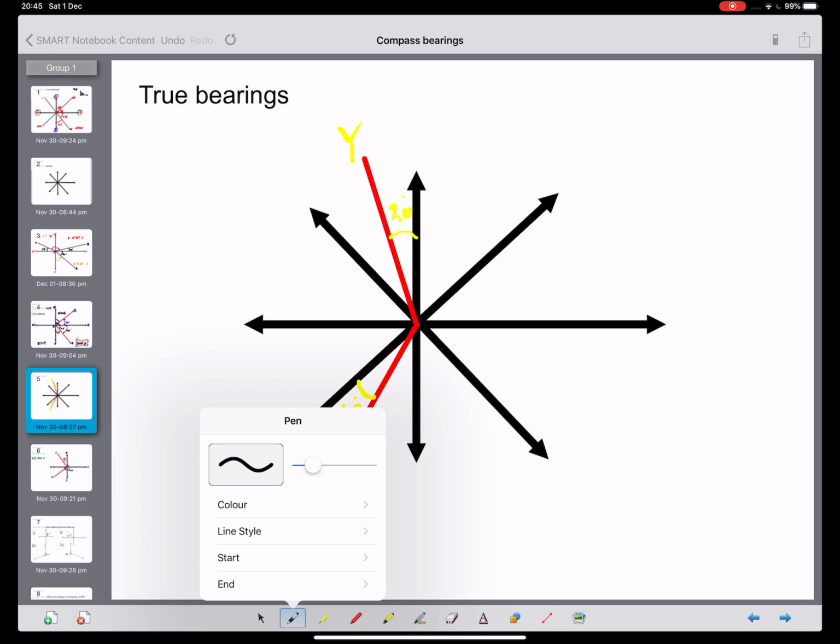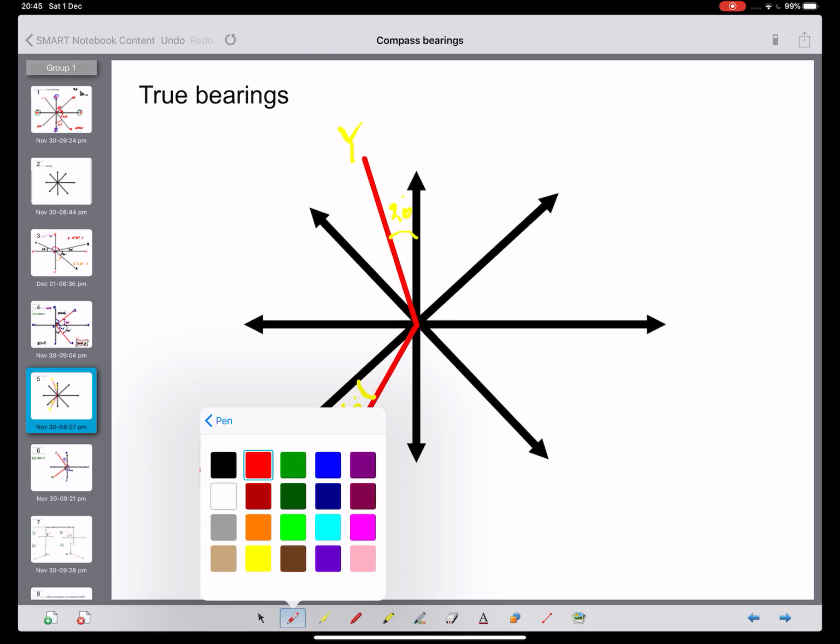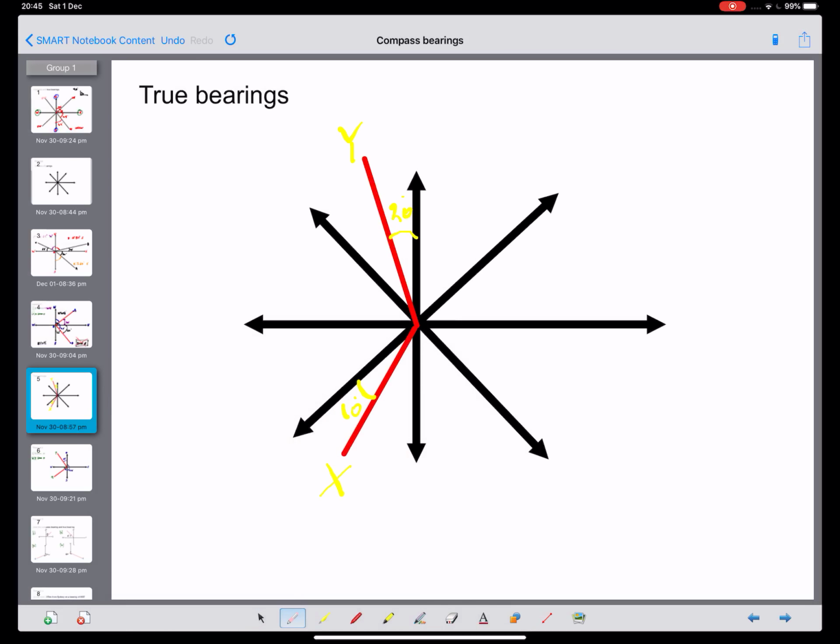Okay, so you should have done this now, and this is pretty straightforward. Let me choose a colour which we haven't had. I don't know. Pink. Okay, so if you remember, if you measure clockwise down here, this is 180.